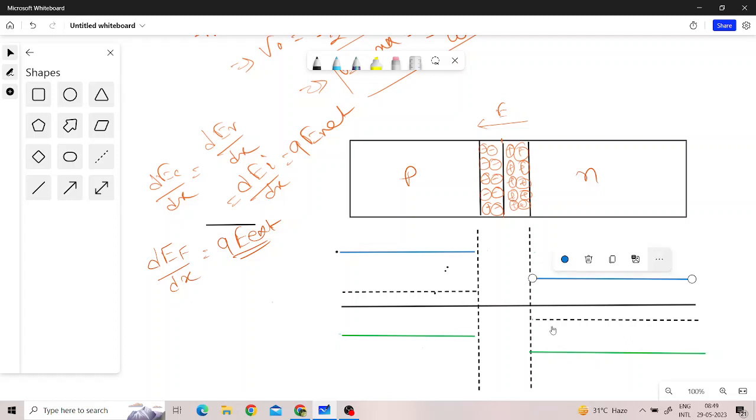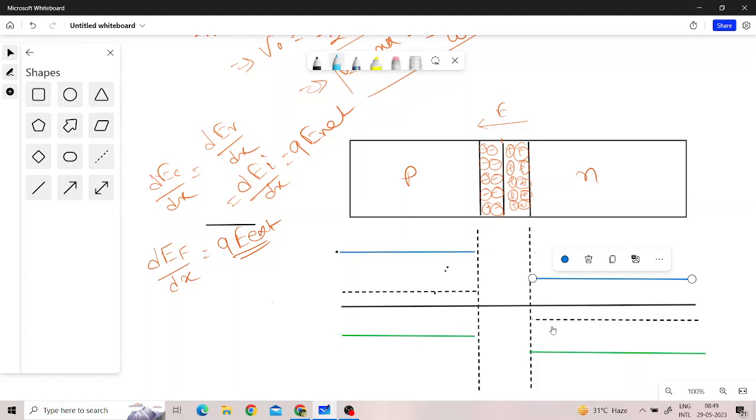Now as I already told, there will be bending in the band diagram also, right? In which direction will the bending be? As you can see the electric field is in this direction, so in this direction the bending will be of positive slope.